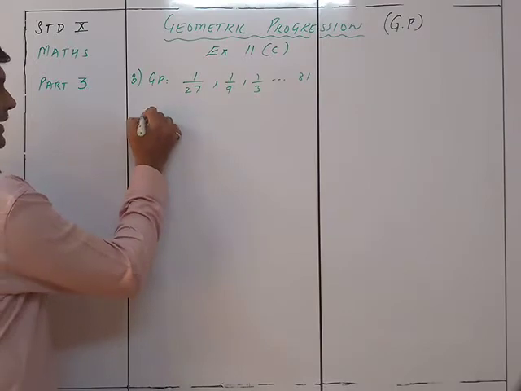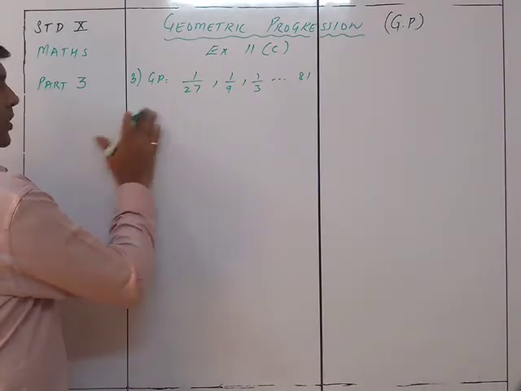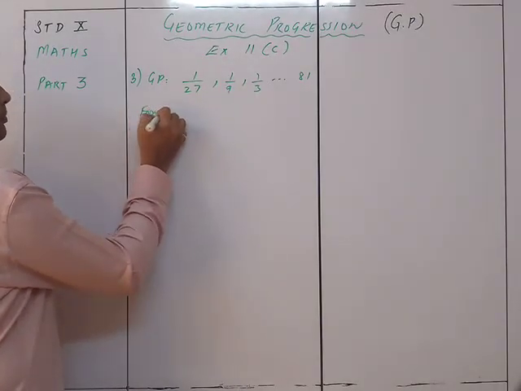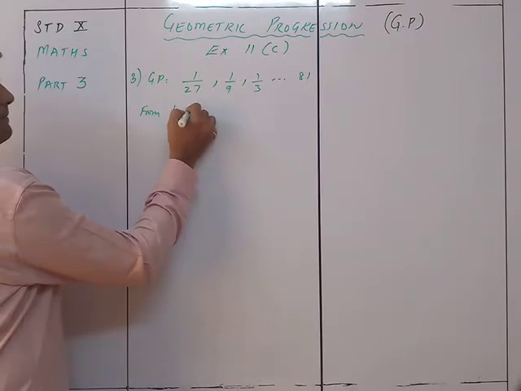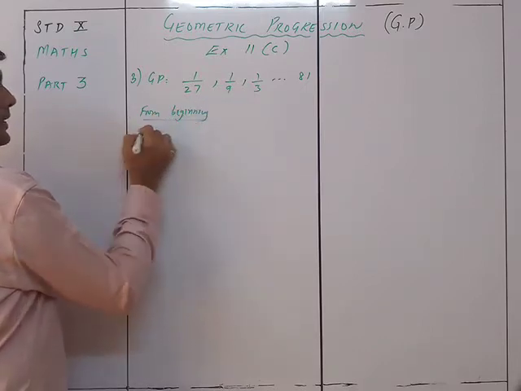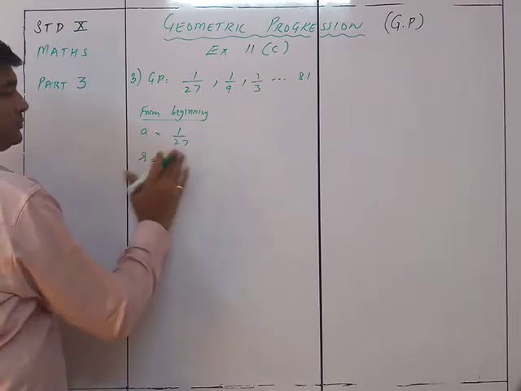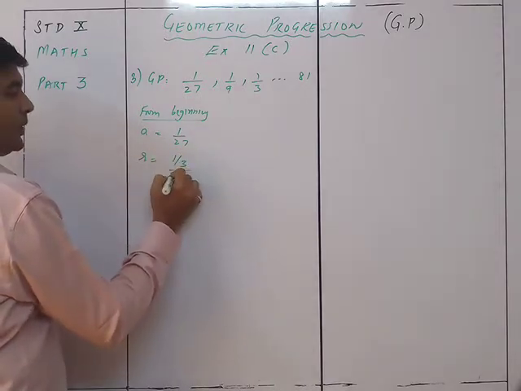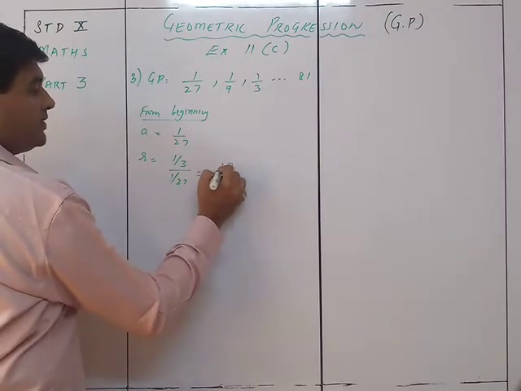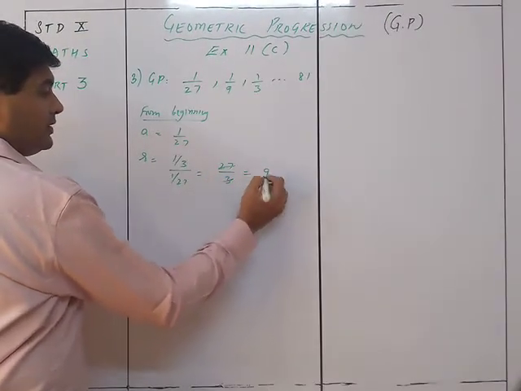So from the beginning, A is equal to 1 upon 27 and R is equal to 1 upon 9 divided by 1 upon 27, which is 27 upon 9 is equal to 3.